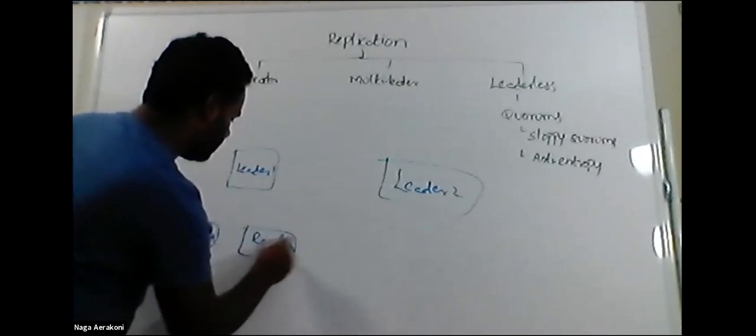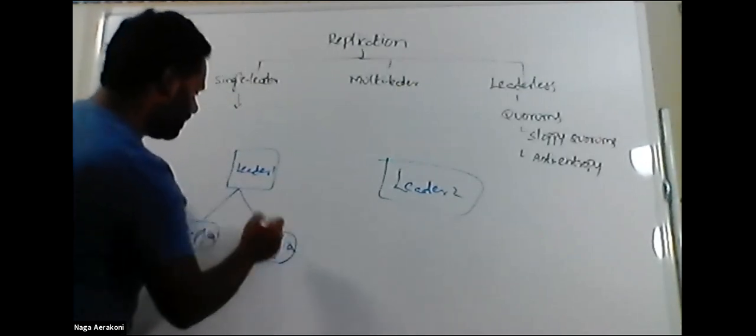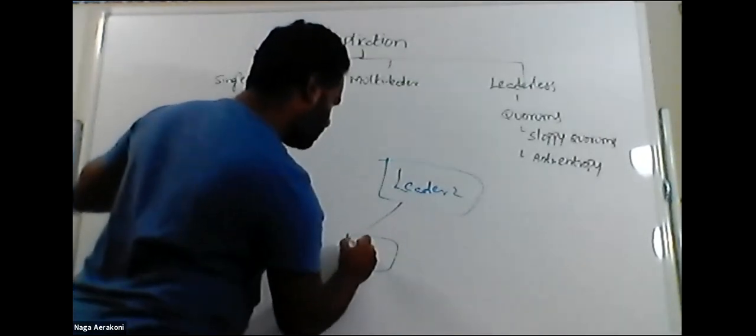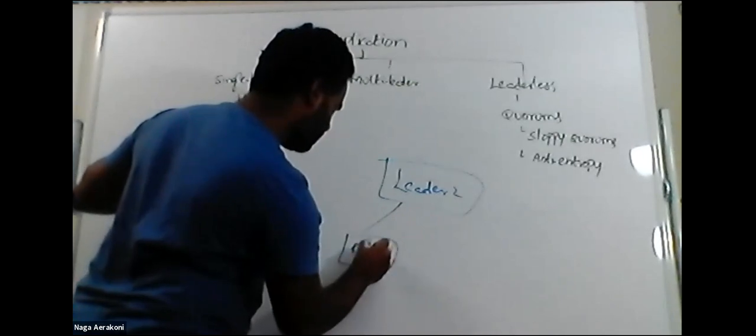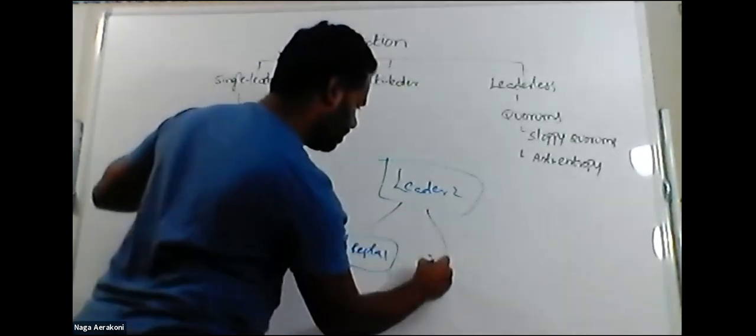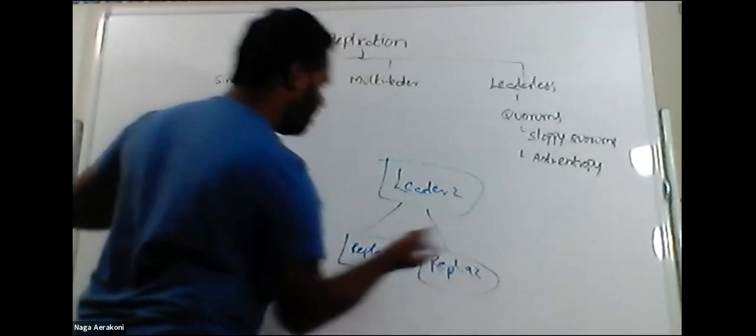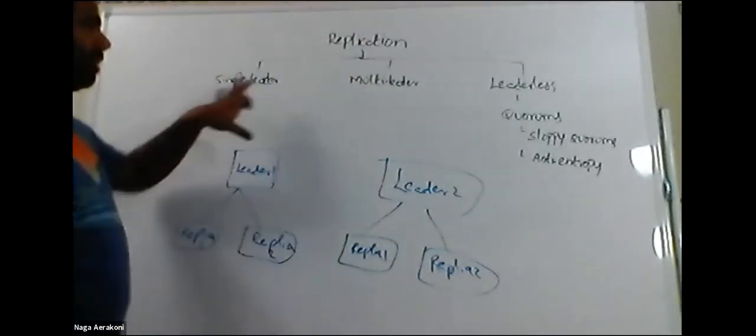Let's say that we have leader 1 with replica 1 and replica 2, and leader 2 also has replica 1 and replica 2. There is some naming terminology.